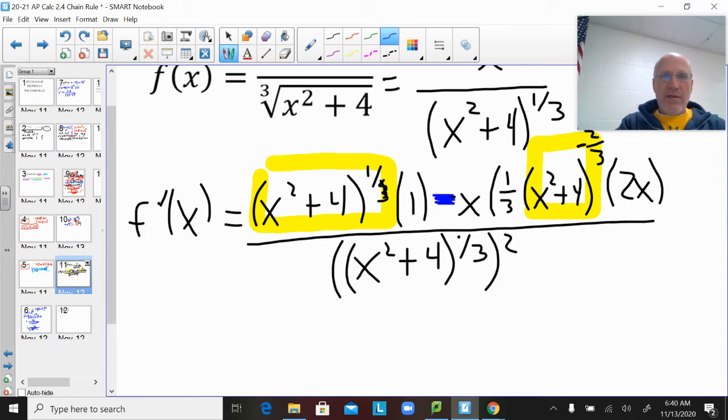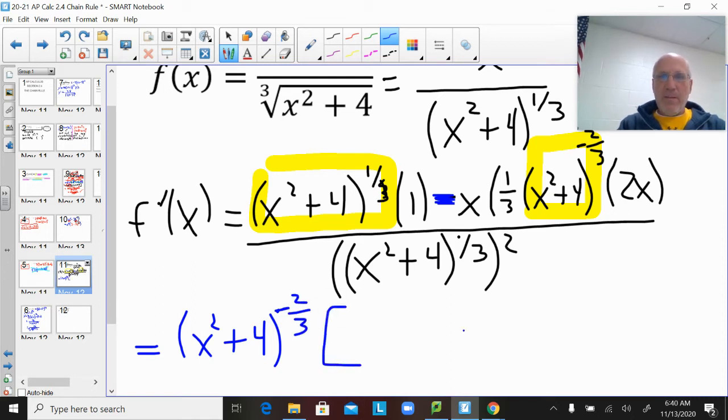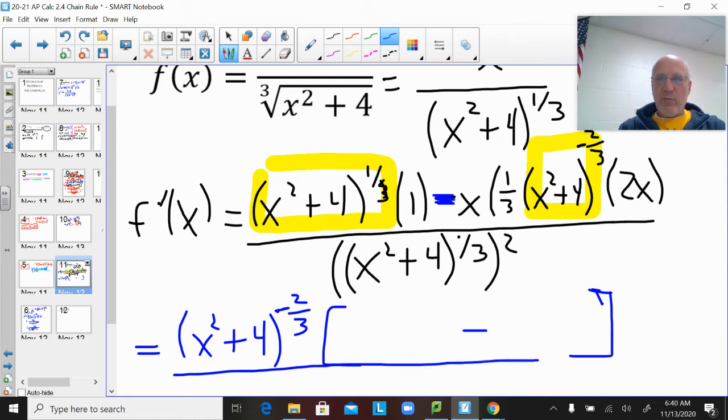So I think that I can take out a GCF of x squared plus 4 to the negative 2/3 power, and I'm left with something minus something. And I'll put the bottom of this fraction when I need more space in a second.